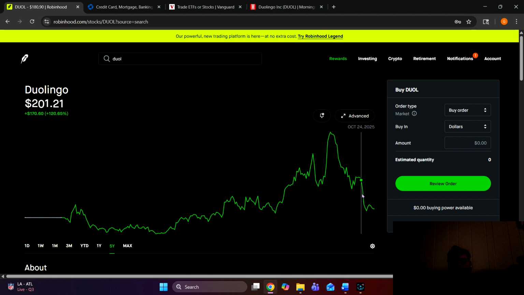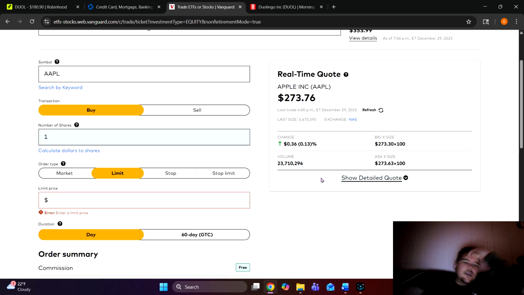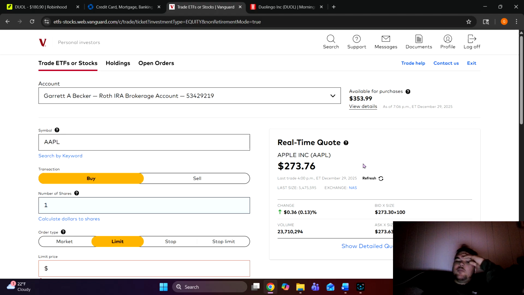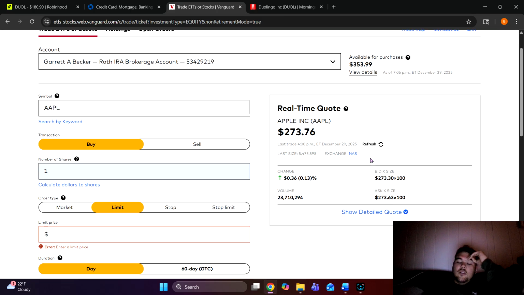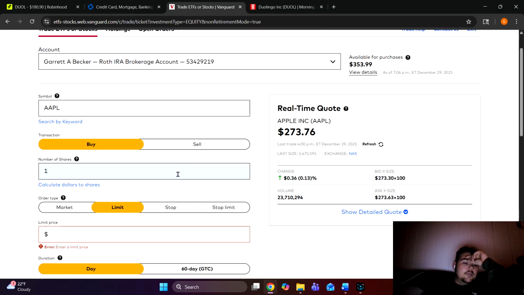Then I would have to put in a new limit order for it to execute on the day when it hit 190. But yeah, limit orders are a way to try to save a little bit of money, or if spreads are ridiculously large, you don't want to overpay for a stock for no reason.